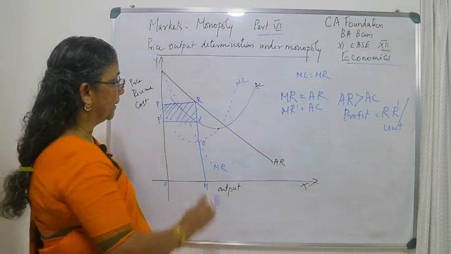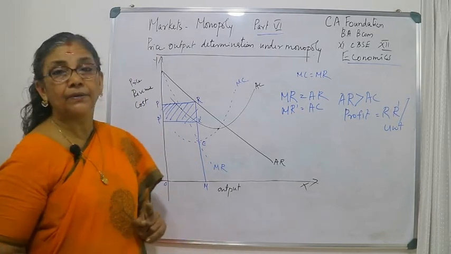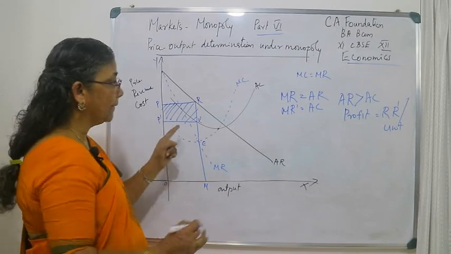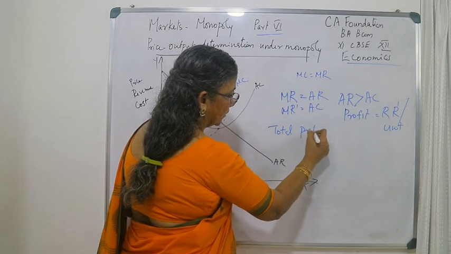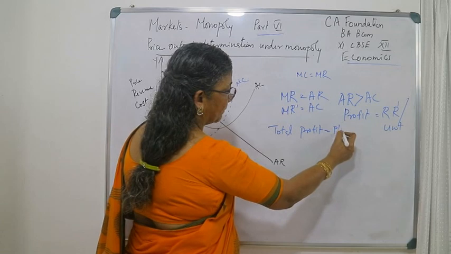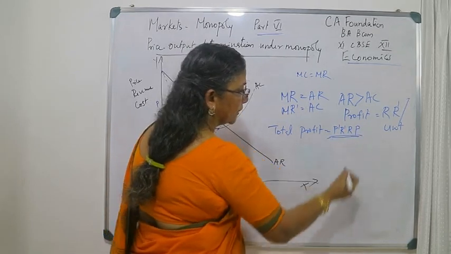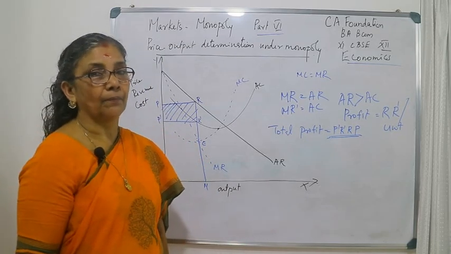This shaded area is the total profit obtained by the producer under monopoly, the maximum profit.